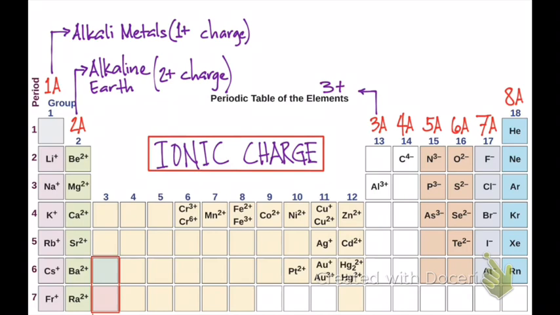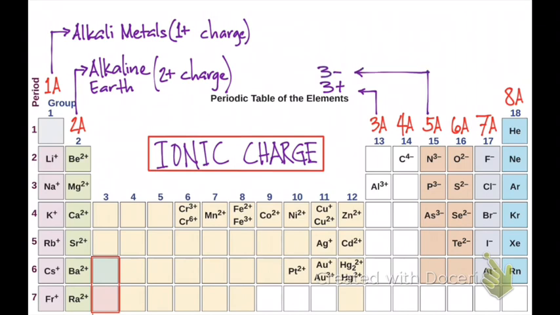So group 3 elements would form a positive 3 charge. We're going to skip group 4 because that's special. But typically group 4 elements tend to form a positive 4 charge. Carbon is a special case. The element that's right below carbon is silicon, and silicon tends to have a positive 4 charge.